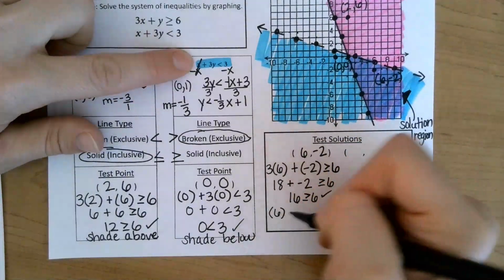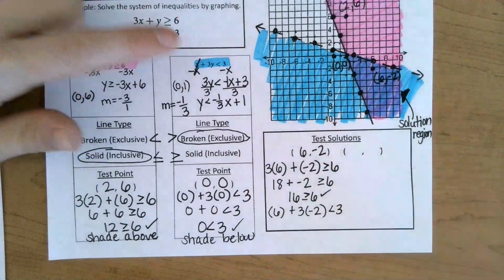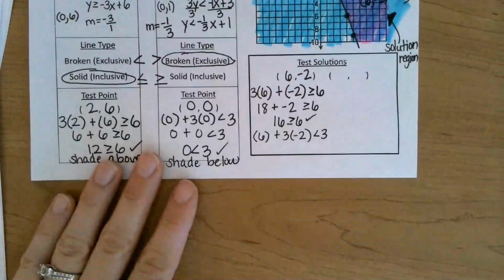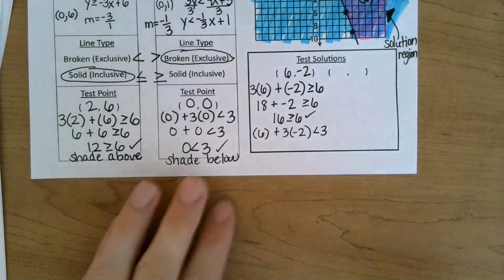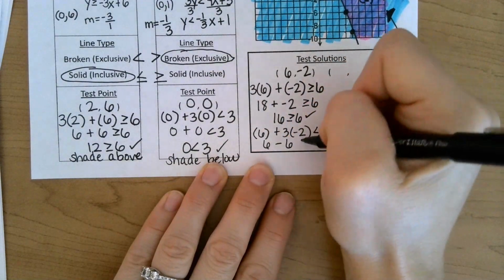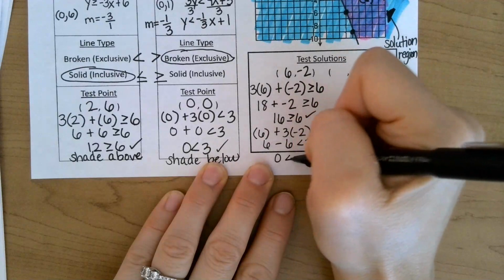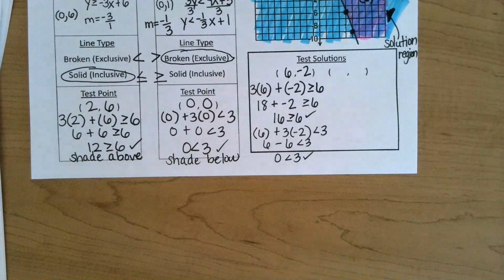So 6 plus 3 times negative 2 is less than 3. What is 3 times negative 2? And what is 6 minus 6? Is 0 less than 3? Yes. So that means we were correct with that solution.